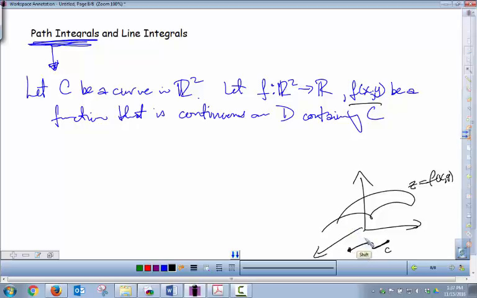So the domain D could be anything as long as it's just giving some sort of restrictions for the function. And the shape of D is not important. The shape of C is important.